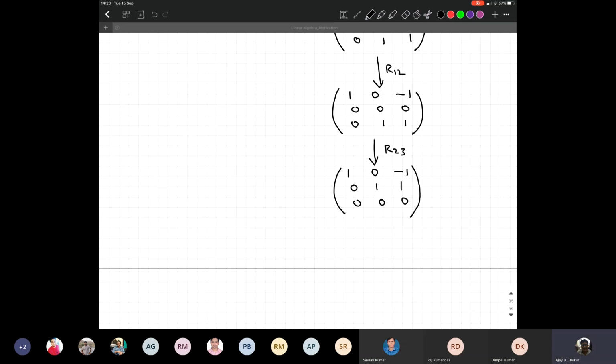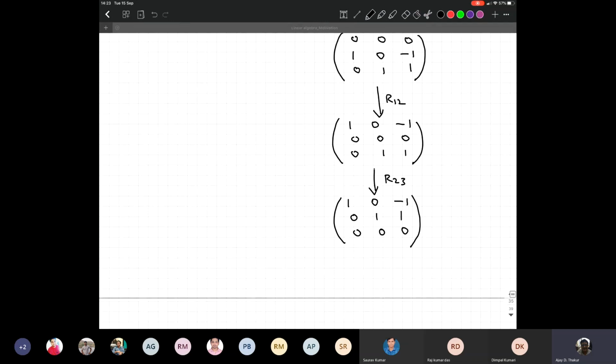So this is another way of not only getting the row reduced echelon form, but also saying that the rank is 2, because one of the rows has all 0 entries, right? So that just makes it straightforward to say that the first 2 rows are linearly independent. So therefore this is the row reduced echelon form.